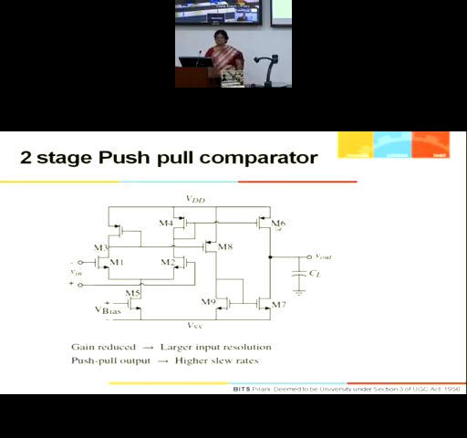So one transistor is fed by one output node, the other transistor is fed by the other node. That means the signal goes to both. One has a V out positive, the other is getting V out negative. That means both these transistors are getting the signal. Input goes to both.